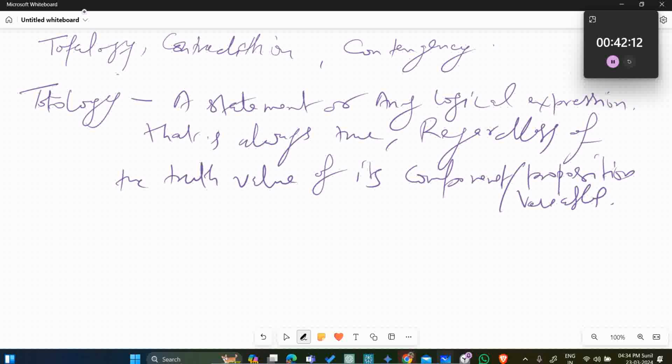So let's say, for example, A plus A complement is 1, which is true, so it's a tautology.